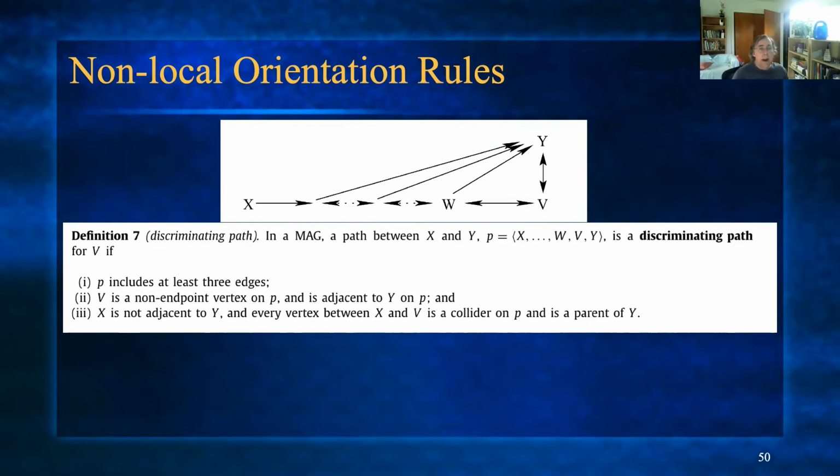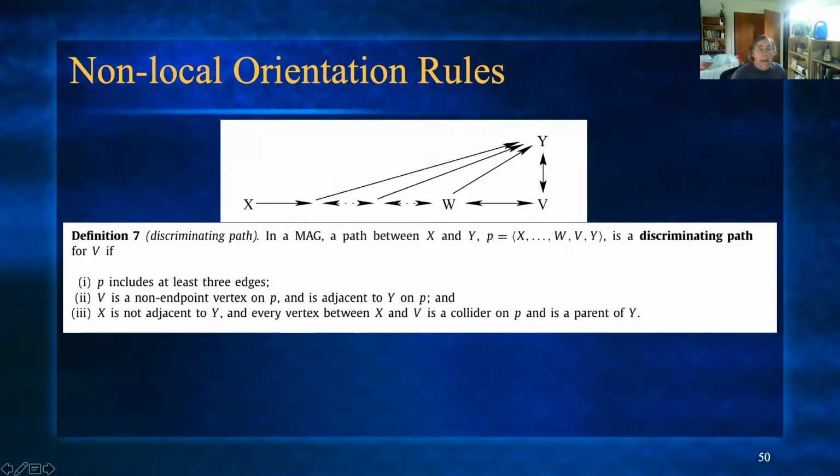But basically, if you want to know whether the W-V edge collides with the Y-V edge, even though it's shielded, it is possible to determine that by looking at whether or not X and Y are d-separated conditional on a set of variables that doesn't contain V. If the set of variables that d-separates X and Y doesn't contain V, then you know that this has to be a collider.